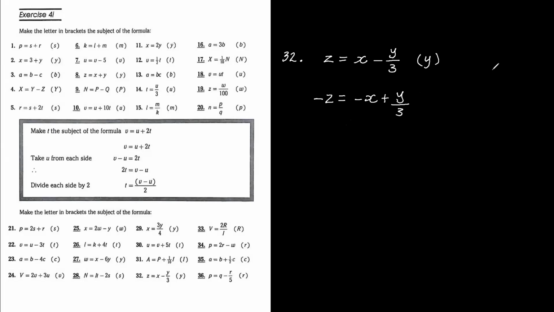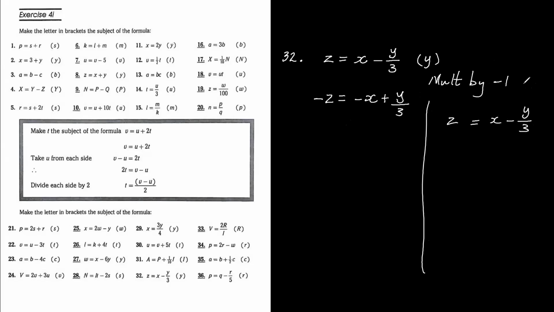All right. So she multiplied by -1. Now, since the Y is negative, you could have, let me show you a trick.